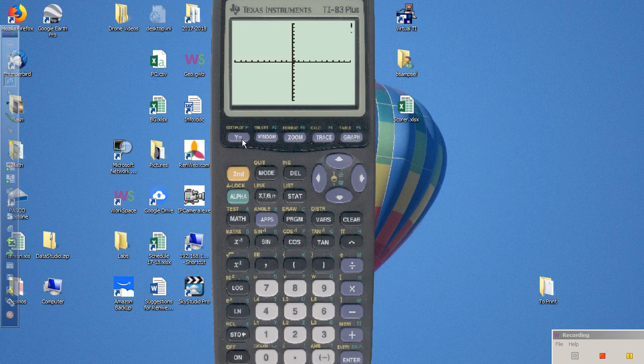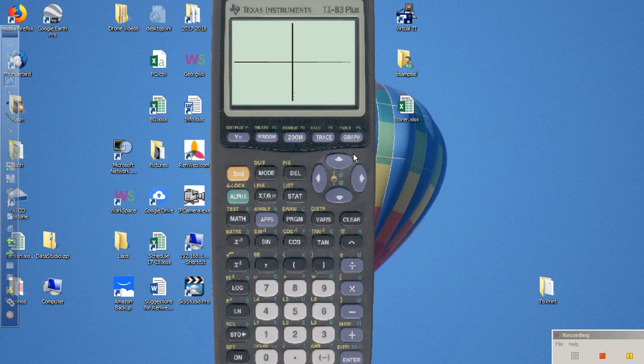I'm going to make it multiply, so I'm just making it bigger. So let's do 9 sine theta times cosine theta.